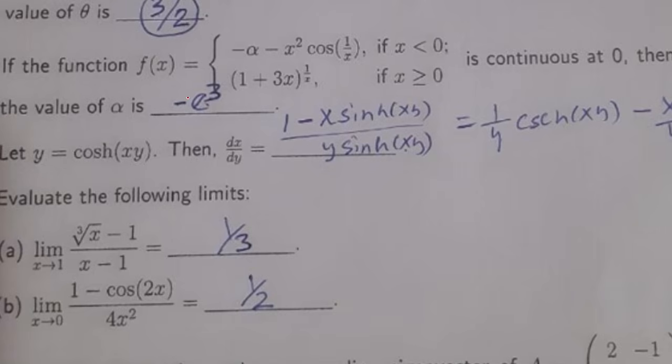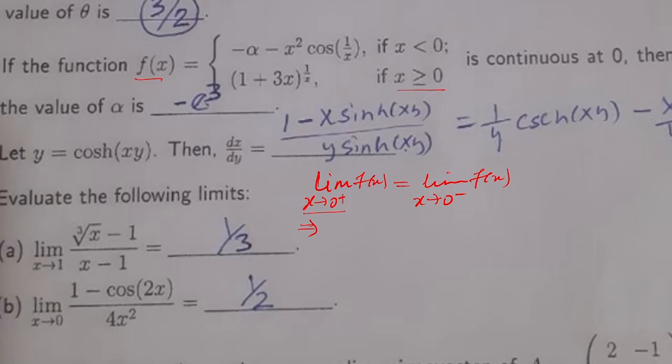That means here for the function f of x, we know that the limit of f of x as x approaches 0 from the right is equal to the limit of f of x as x approaches 0 from the left. This implies the limit of the function as x approaches 0 from the right means x greater than 0.